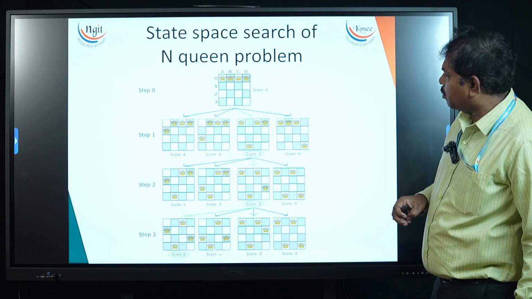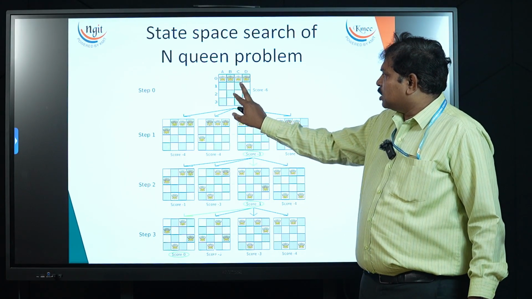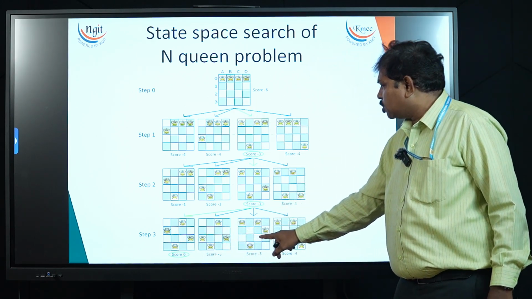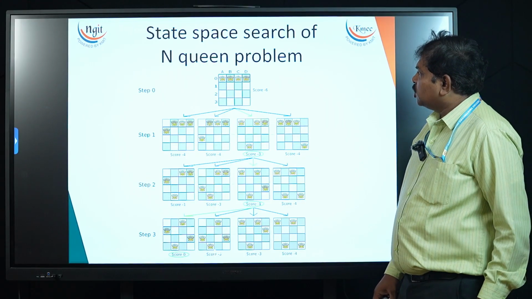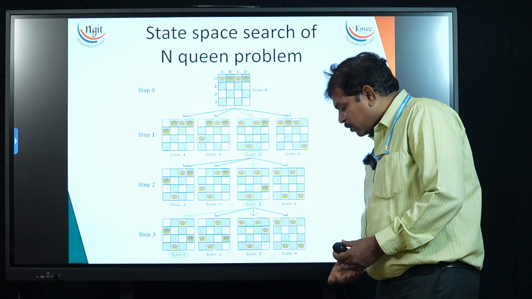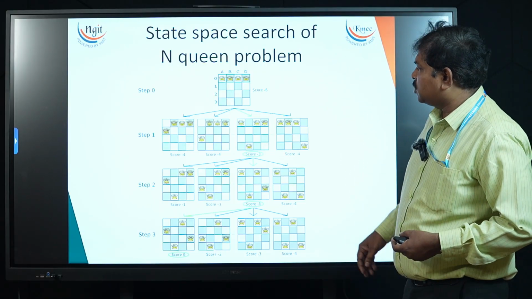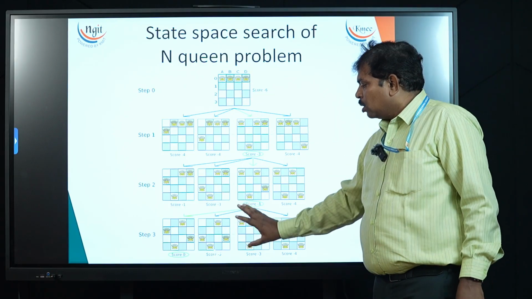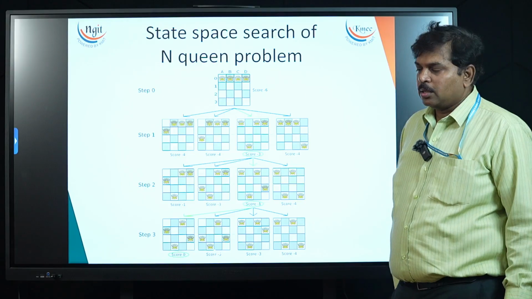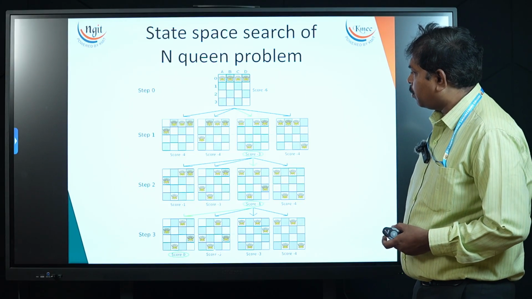So to solve this problem, I created one state space search. Now this is a starting state and these are my goal states. Leaves contain goal states. Now in general state space search, we search for a path in algorithms like BFS, DFS, breadth first search, depth first search, where I find a path from the starting node to the goal node. But here local search algorithms are not for finding the path.